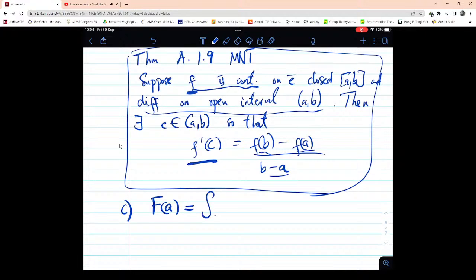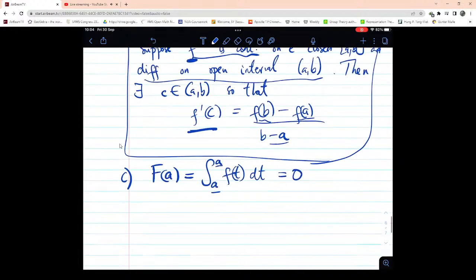It is going to be the integral. By definition, it's going to look like this. And because we've got the lower bound equal to the upper bound, we know that that is a 0. So here we are going to put 0 because we can see that's what happens. And then F of B is just going to be the integral from A to B, f of t dt.